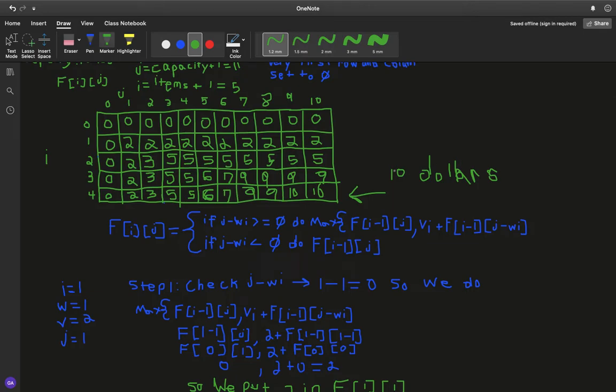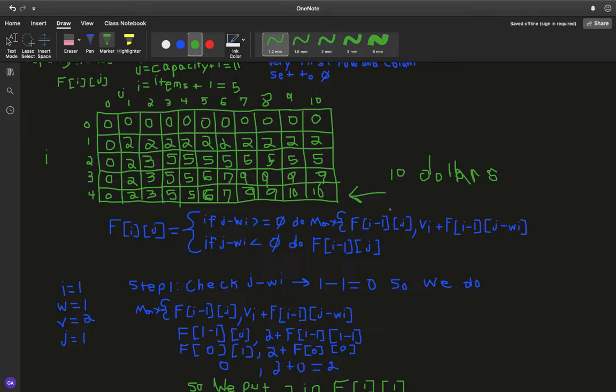So what you want to do is, this f sub I of j is just basically this table. If j, which is right here, you can see this capacity, minus the weight is greater than or equal to 0, you want to do the max of f sub I minus 1 of j and the value or the cost plus f sub I minus 1 of j minus the weight.